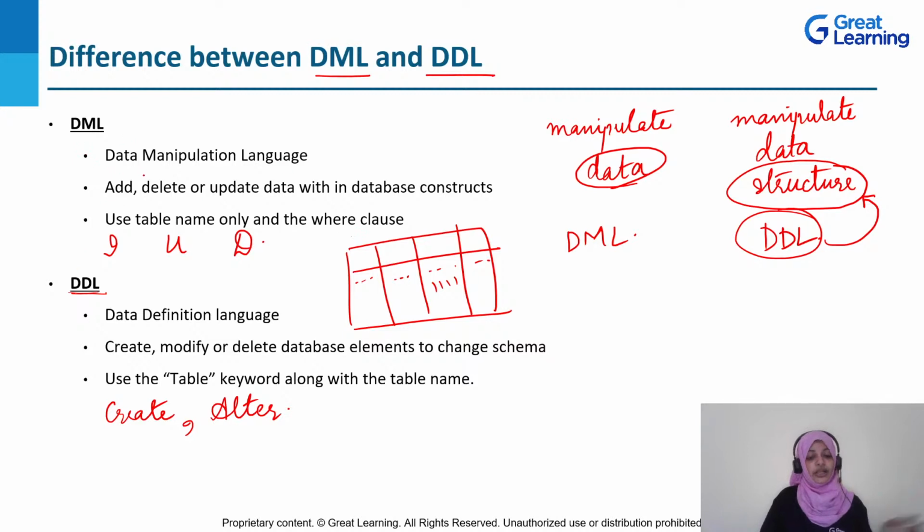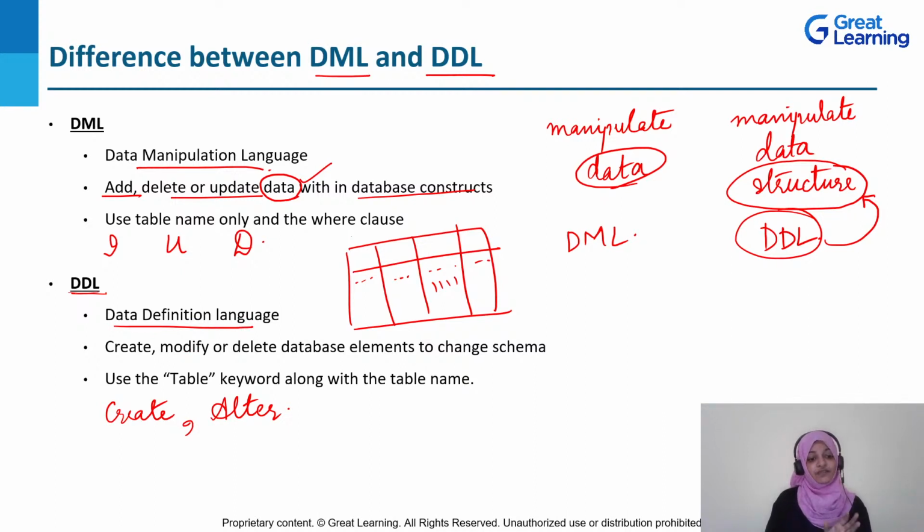So let us quickly go through the pointers given here for differences between DML and DDL. First of all, DML is data manipulation language. We can use this to add, update, or delete any data from within the database construct. So can you see we are only able to do all of these manipulations on the data which is present in the database construct. Next, let's look at the DDL statements.